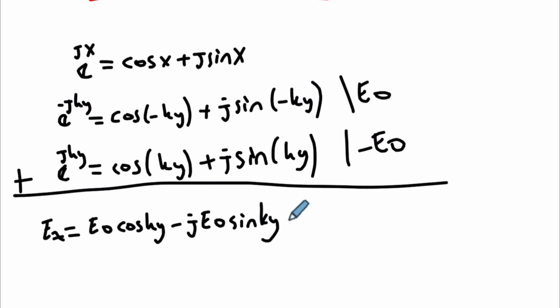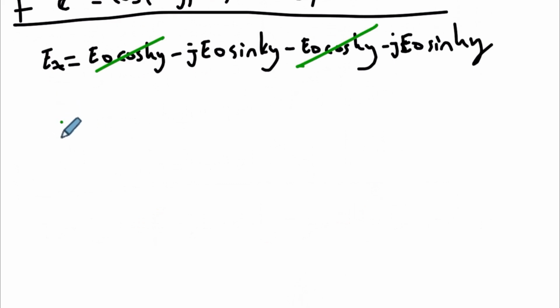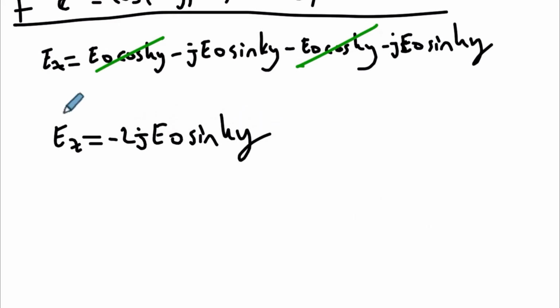From here, negative E0 cosine ky, and from here, negative j E0 sine ky. Here, E0 cosine ky and negative E0 cosine ky cancel each other out. So, what does Ez equal, friends? It equals negative 2j E0 sine ky. This is also referred to as a standing wave term, friends.